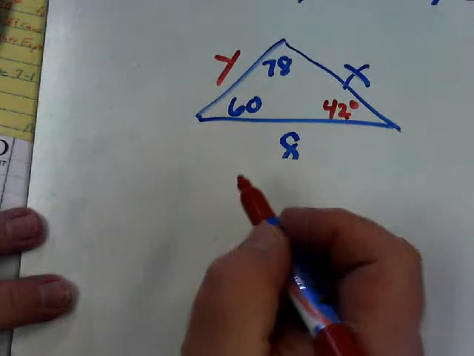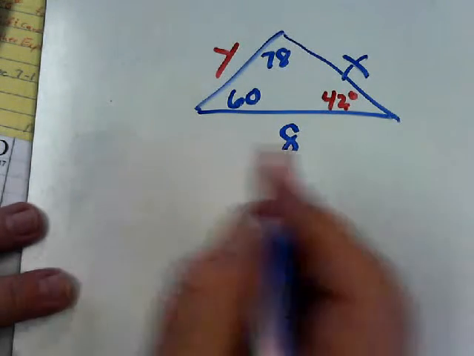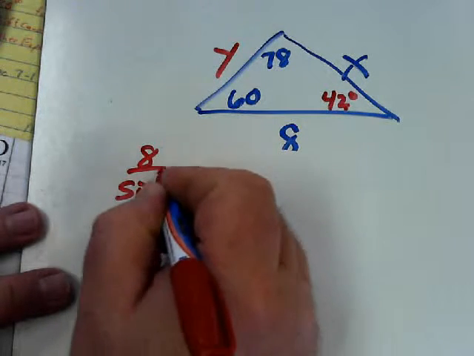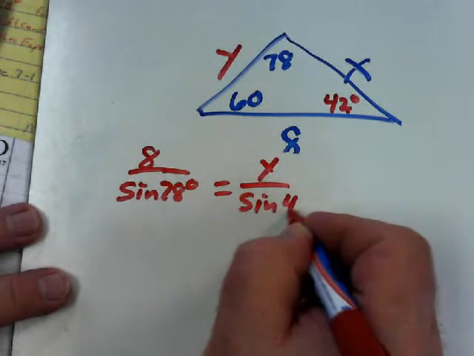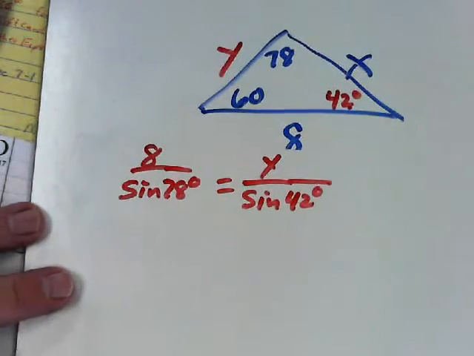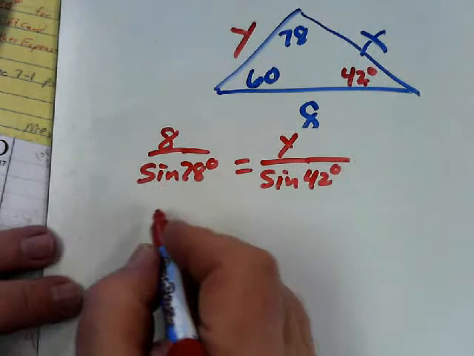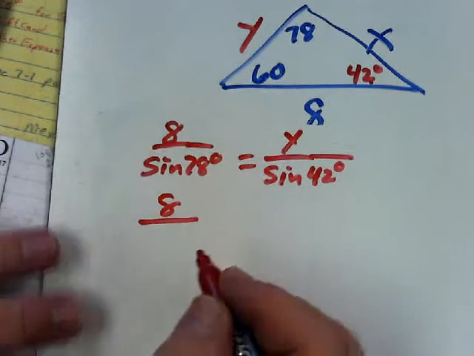Okay? How would I set up finding Y then? 8 over the sine of 78, so Y over the sine of 42. Okay? What was the sine of 78? I know it was there before, but it's been erased.